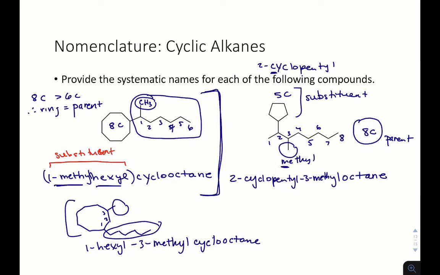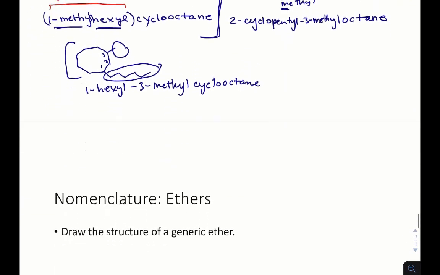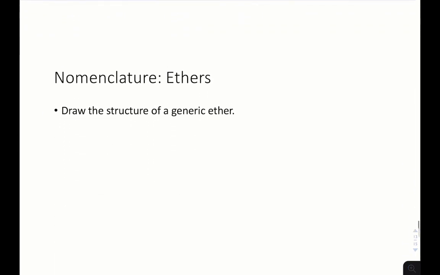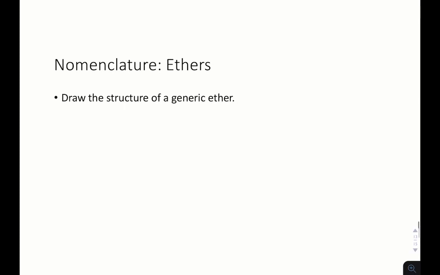So we can name cyclic alkanes, branched alkanes, straight-chained alkanes, haloalkanes, nitroalkanes, and the last type of molecule we're going to learn how to name today is our ethers. So quickly draw the generic structure of an ether. Yes, it is ROR, where R is just a generic alkyl group.